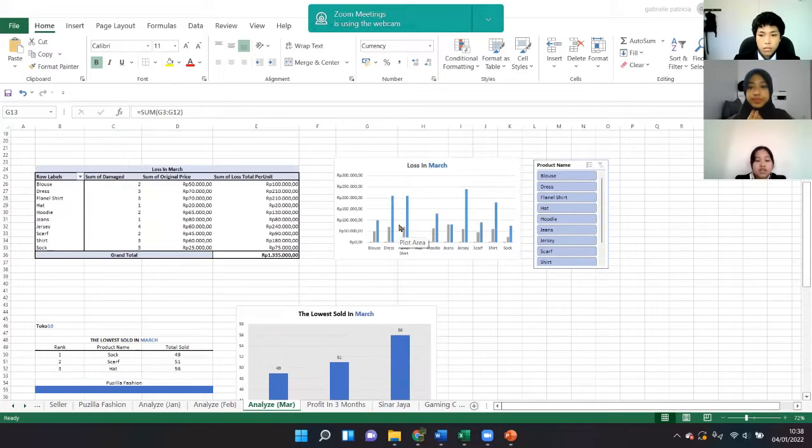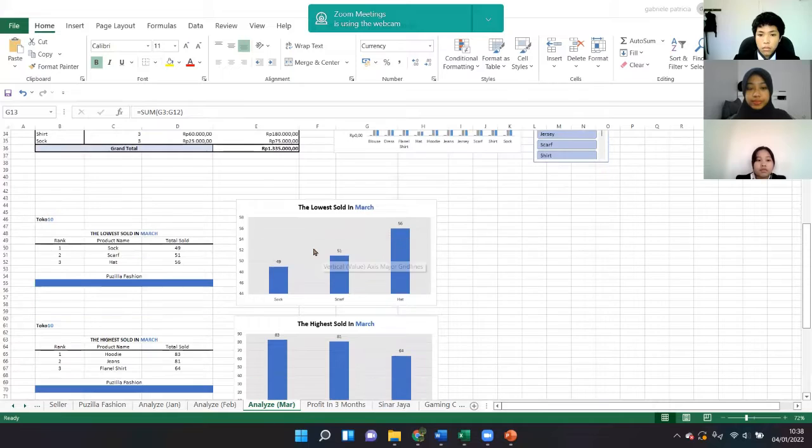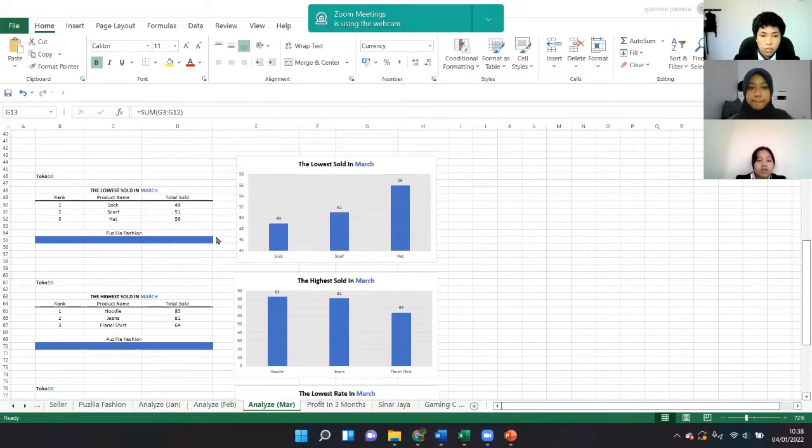And this is what the pivot chart looks like. The highest loss is on the jersey product. And this is the slicer. The filter is product.